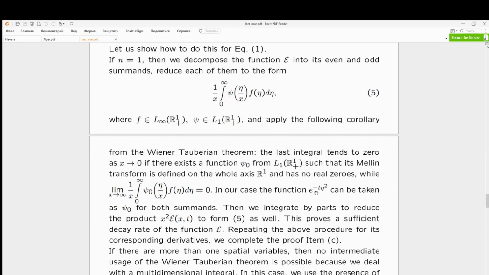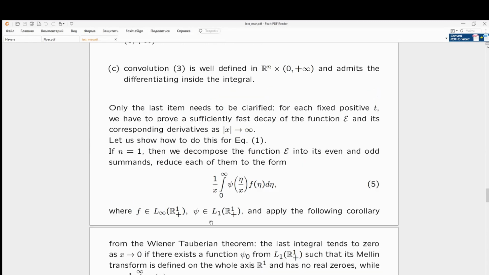In our case, the function e to the power minus t eta square can be taken as psi 0 for both summands. Then we integrate by parts to reduce the product x to the power 2 E calligraphic to form 5 again. And this proves a sufficient decay rate of our kernel. Then we repeat the above procedure for its corresponding derivatives and complete the proof for this step.